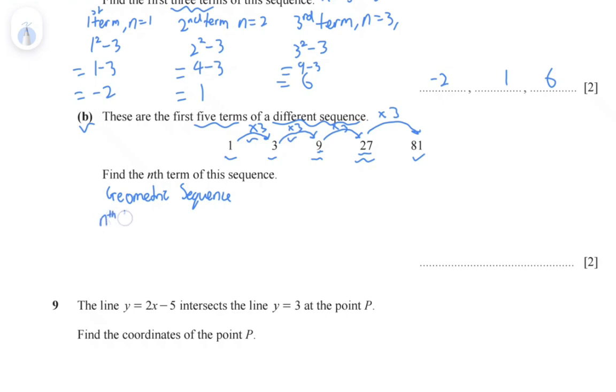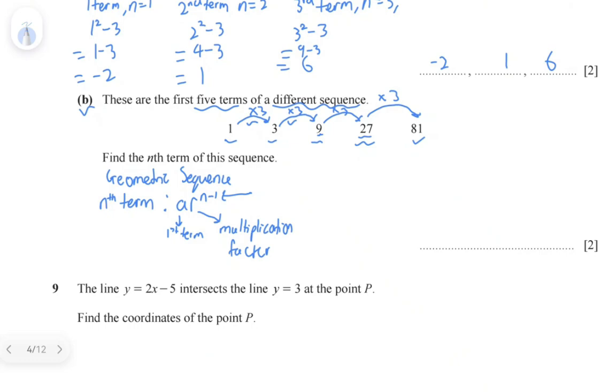So to find the nth term of a geometric sequence, we use the formula a times r to the power n minus 1, where a is the first term, r is the multiplication factor, and n minus 1 is the same.